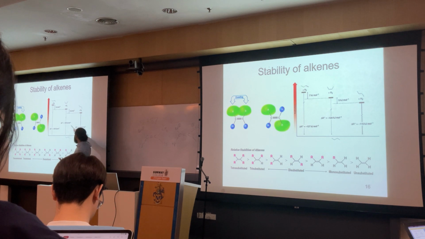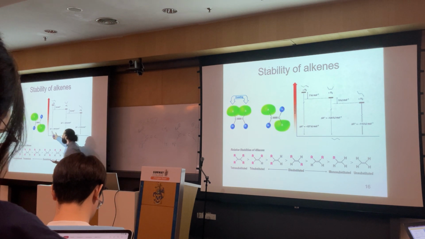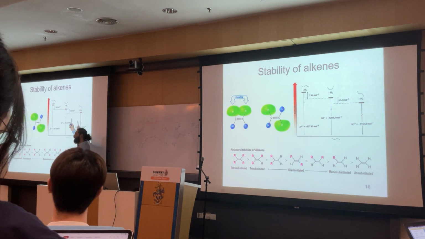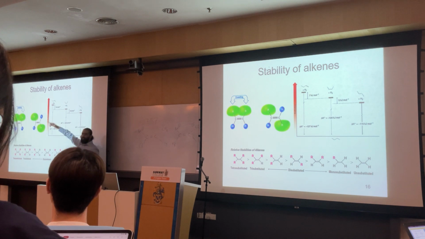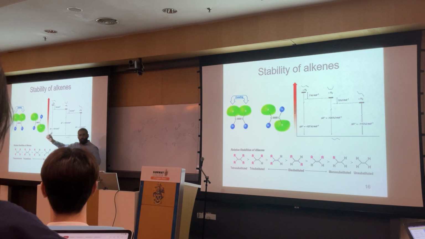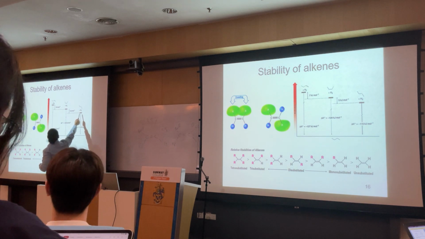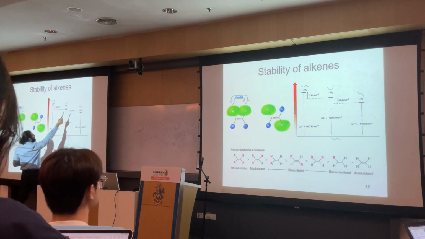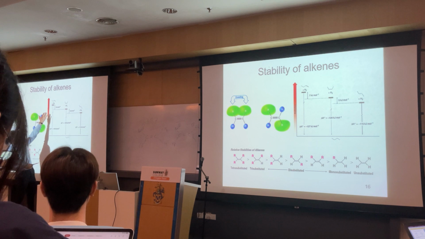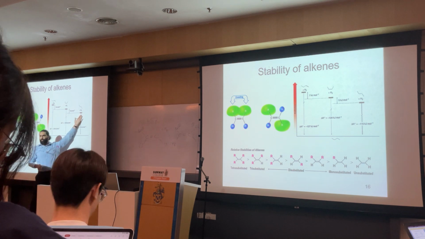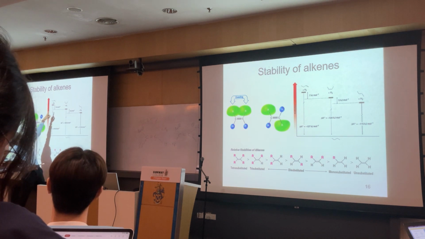In an energy diagram, we put the different steps of a reaction and measure their energy expenditure or usage on the y-axis. You can see here that different alkenes have different energies. This is higher on the energy scale, and this is lowest, if you look at only these three examples.